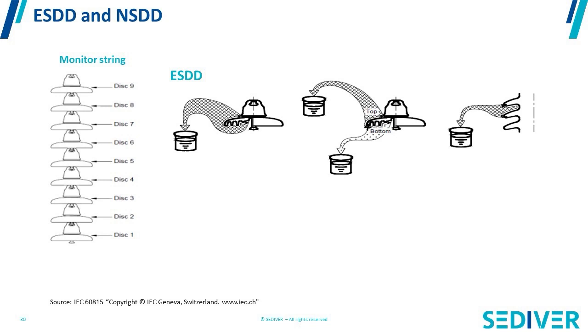And the difference of conductivity represents what we call the ESDD, which is how much conductivity you gain on your insulator because of salts which are contained in this dust. Salts are going to dissolve in water and increase the conductivity of the surface of your insulator. So that's the first number.